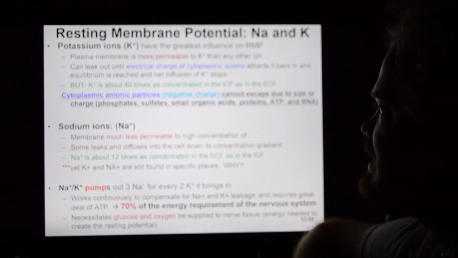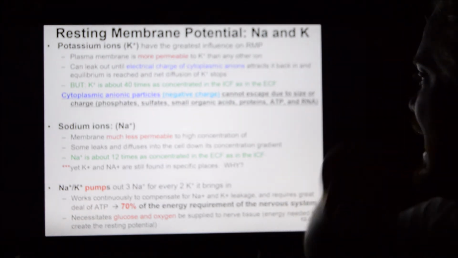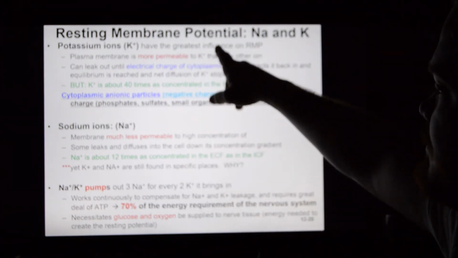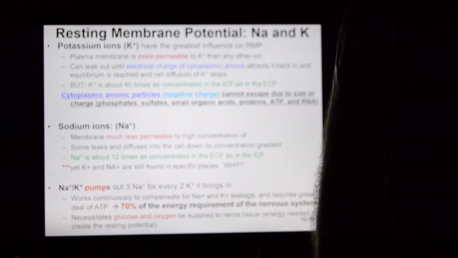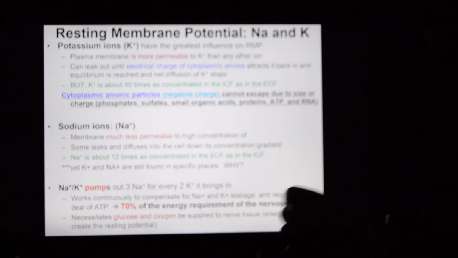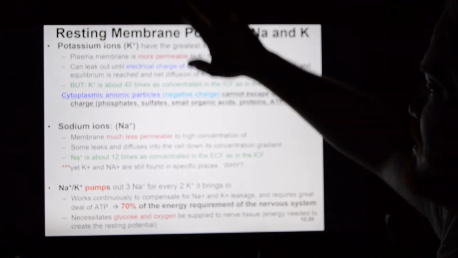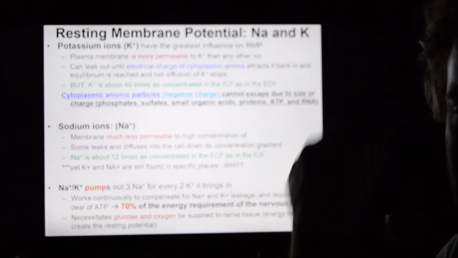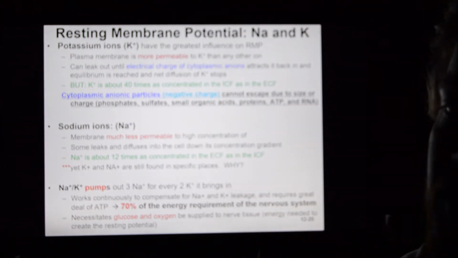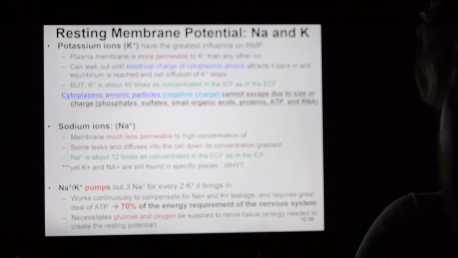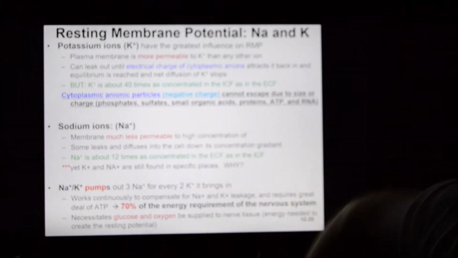So potassium and sodium are capable of exchanging places and changing the charge. Sodium and potassium have the ability to exchange places and augment the charge on that neuron. It can go from negative 70 all the way up into the positive end of the spectrum.